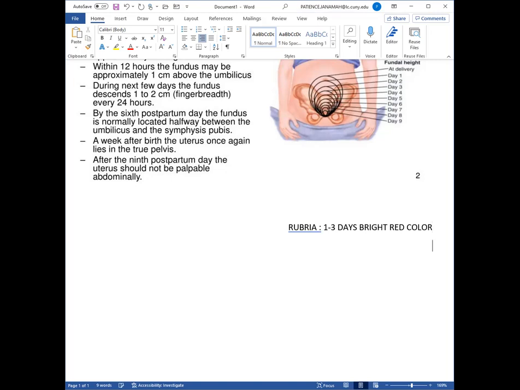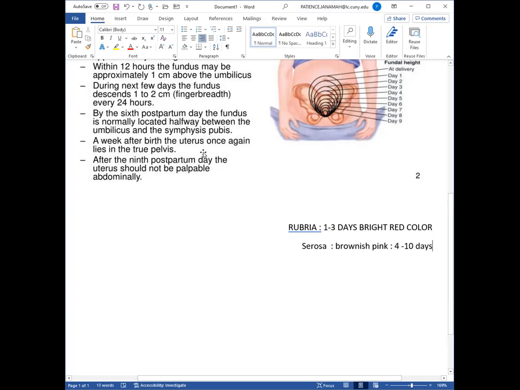The next one that a woman will have is serosa. Let's talk about serosa. This one is brownish pink discharge, and it is from day 4 to 10 days.